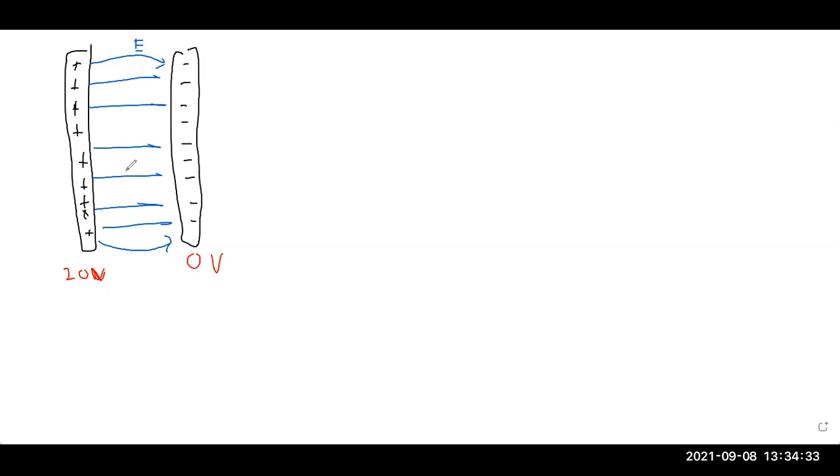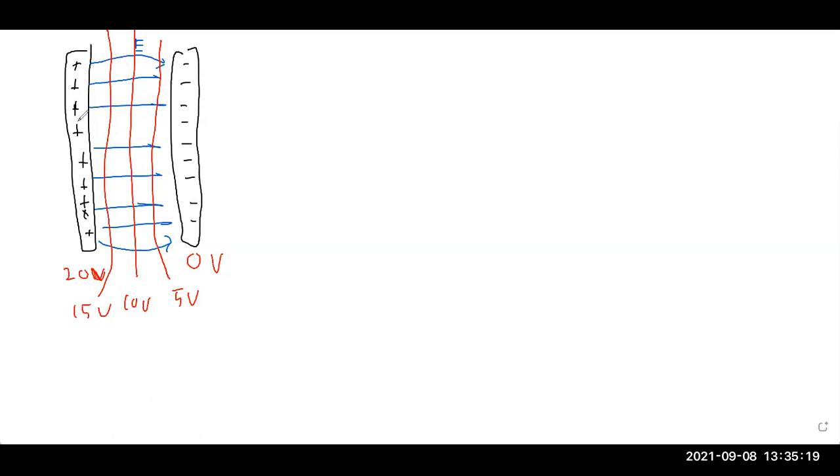And there would be a map of places that would be at 10 volts, or 5 volts, or 15 volts. The lines would ideally be straighter than I drew them, but you get the idea. Everything along one of those red lines is at the same potential as anything else on that red line.